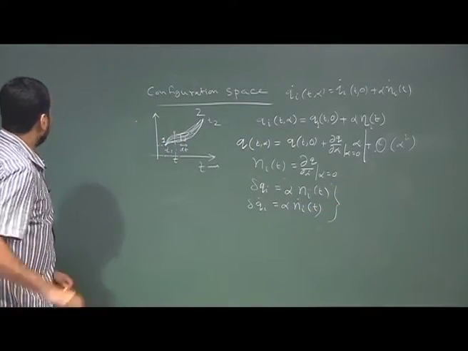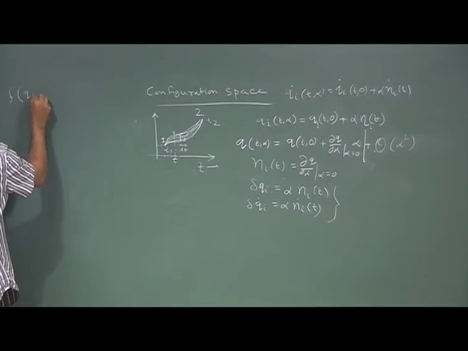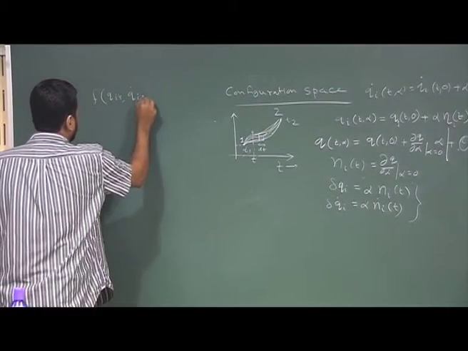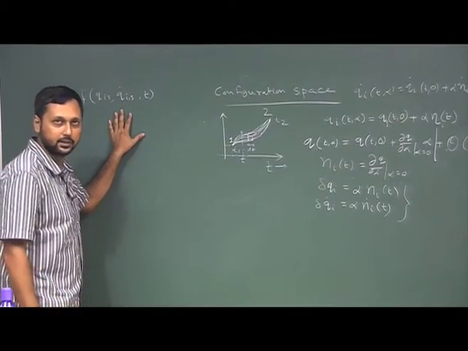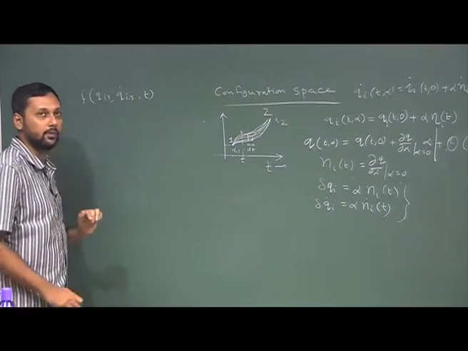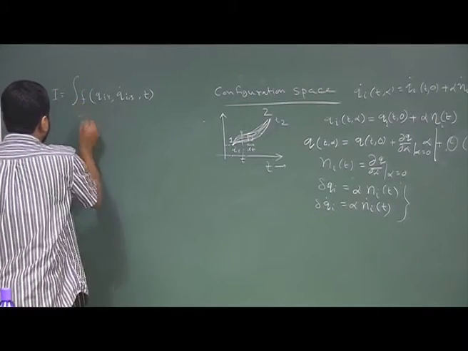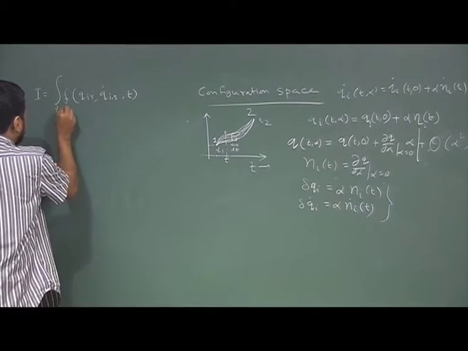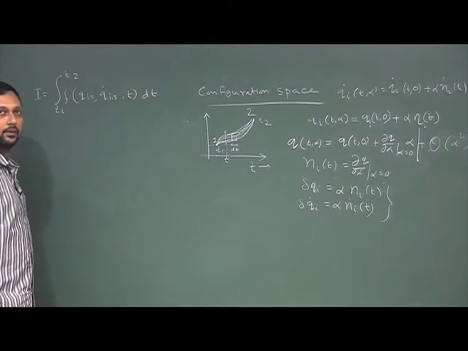Now, we take any function f which is a function of the q_i's, q_i dots and time. It could be a Lagrangian, it could be any other function. So, let us take a general form and let us say this integration exists, which is between t1 and t2, dt, right.